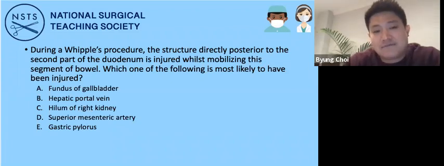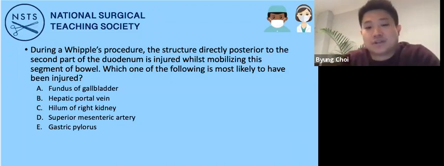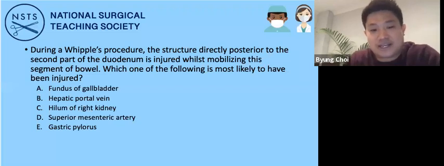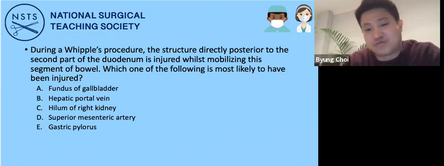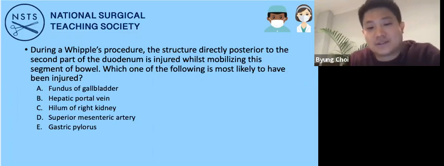This is why it helped me to try to learn it and visualize the anatomy going from one end to the other, either right to left. You could try to deduce what structures are related closely or not. For example, the gastric pylorus and superior mesenteric artery are not really related to D2, which is over towards the right in the gallbladder.